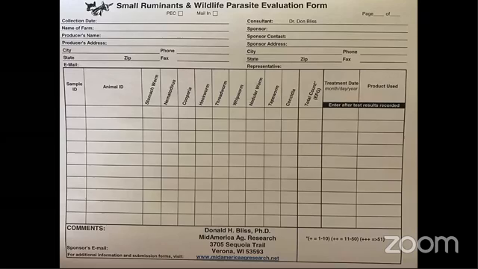When you get your results back on that website, it'll tell you exactly how to collect samples, how to run samples, how to fill out your forms. Everything's on there. So I won't go into too much detail on it, but whatever animals you put on that form, we will mark down the type of parasite we see and a total count at the end, and I'll walk through what that means as we go down the road.